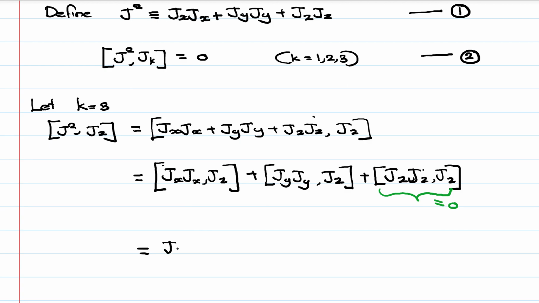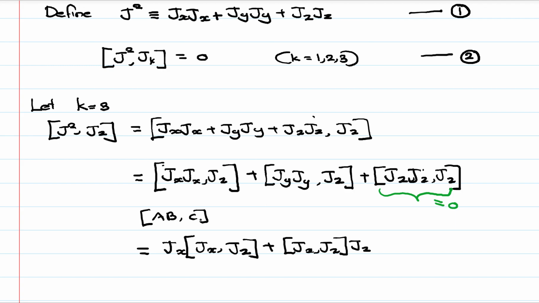That is equal to jx into the commutator of jx and jz, plus the commutator of jx and jz into jx. This is done using the identity for the commutator of a, bc.